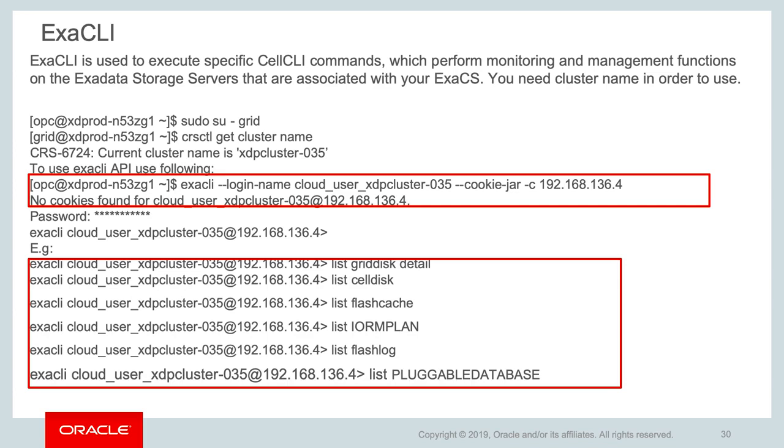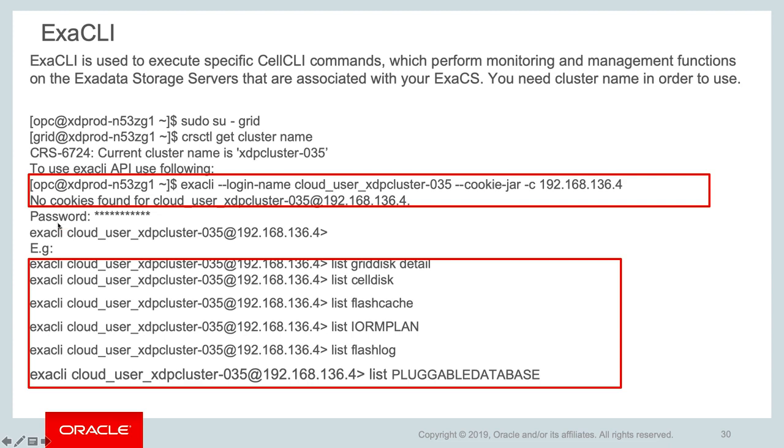So you provided a password for sys and system users, and that also becomes applicable for this ExaCLI login. So this user will be using the sys and system password. You will have to get that one, and then you are able to authenticate to a storage cell.